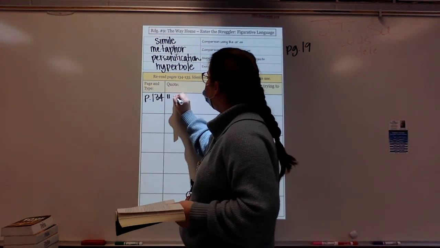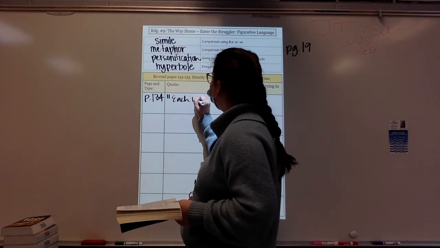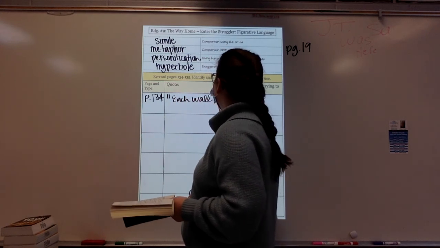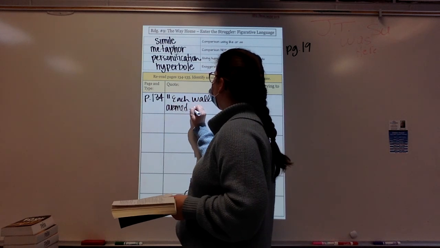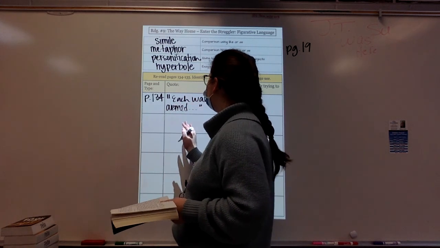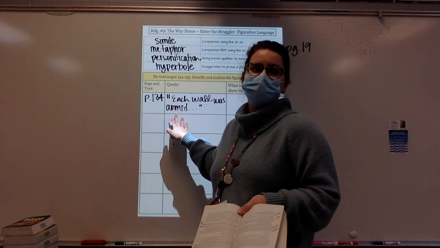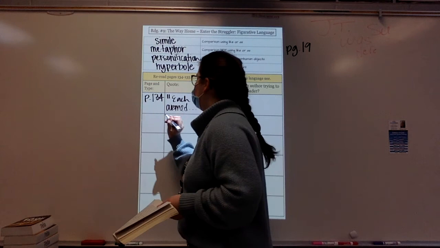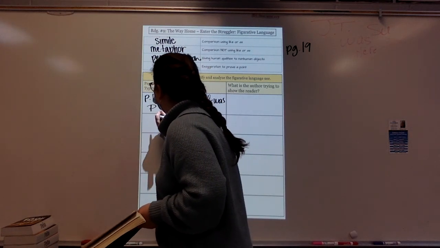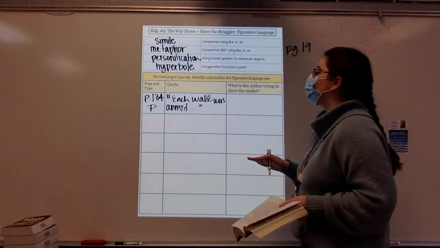So we've got each wall was armed. And I'm only writing the first part of the quote. You can do exactly the same thing. You don't have to write the whole sentence. And I'm going to put a P for personification.